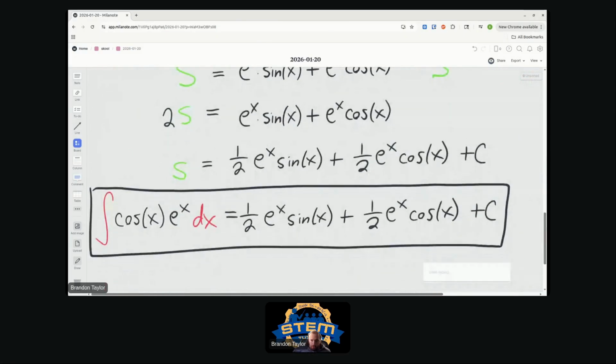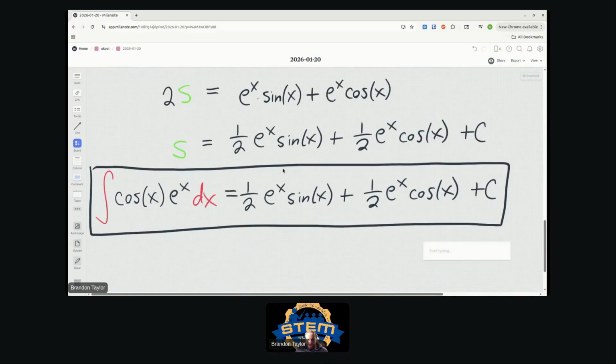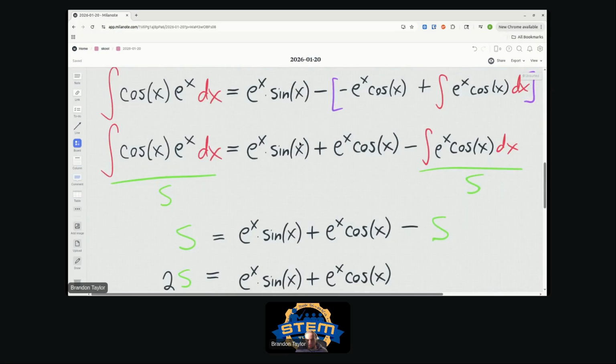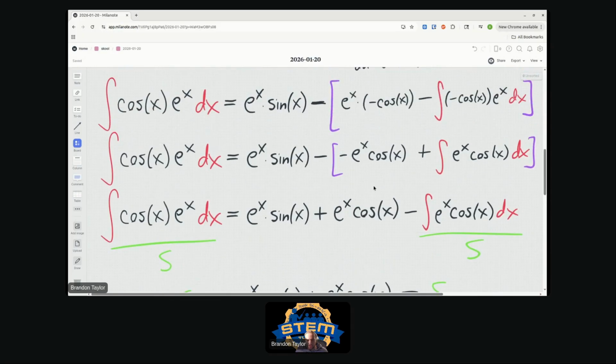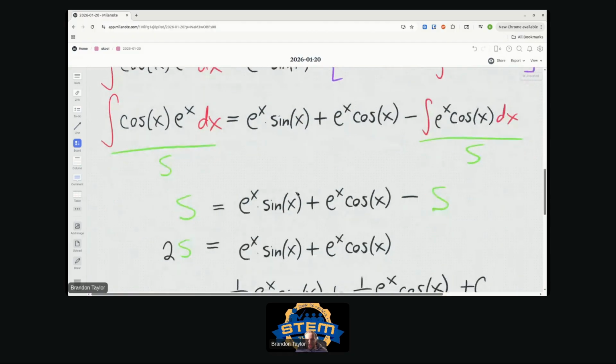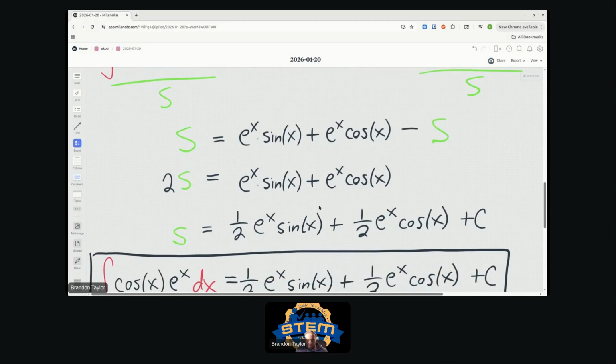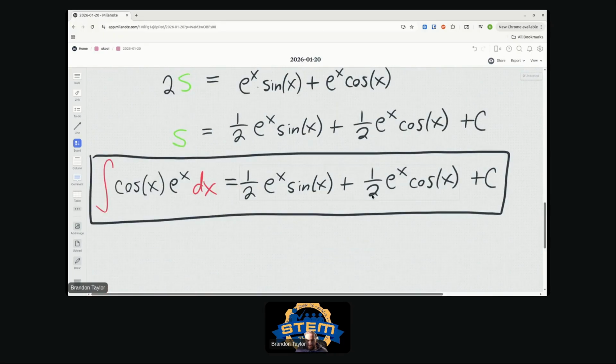And then we essentially work through this problem. We get an answer in terms of what we started with, but then we look at it as a recurrence formula or a recurrence relation, and then we can solve it from there. We can basically cleverly put it on the same side, divide, and get our answer.